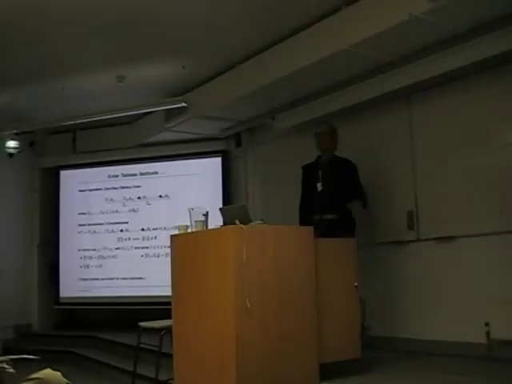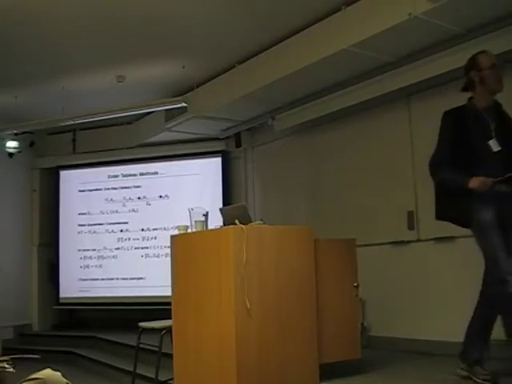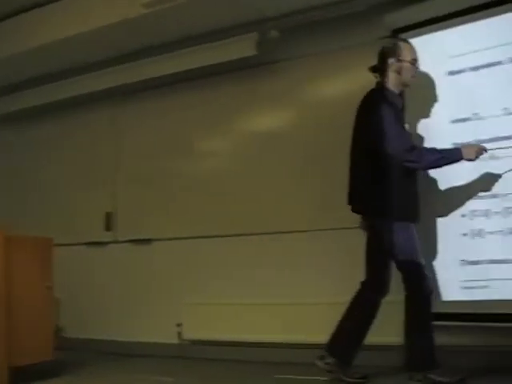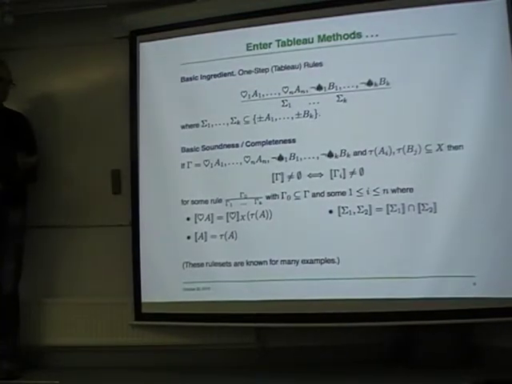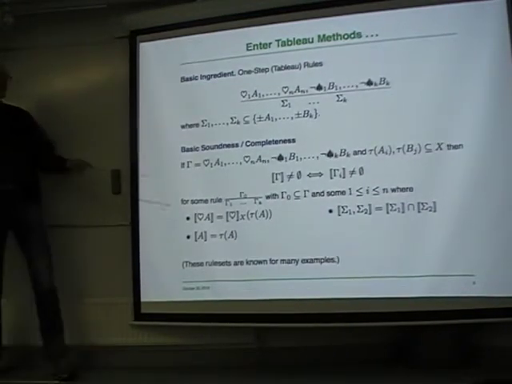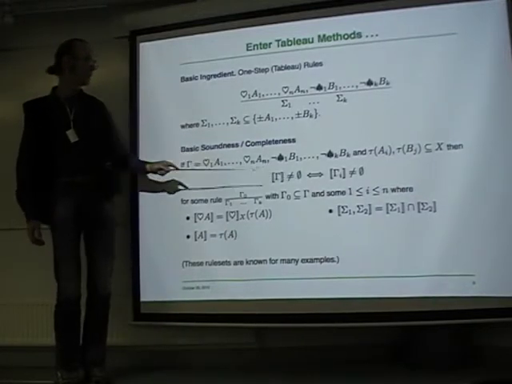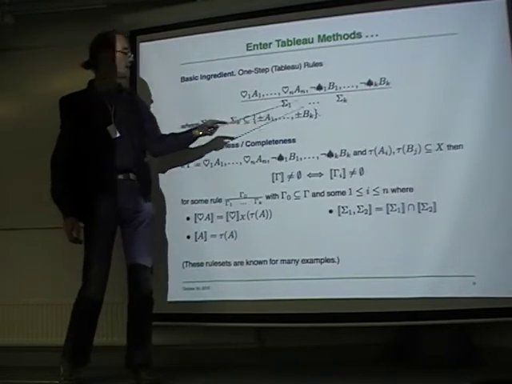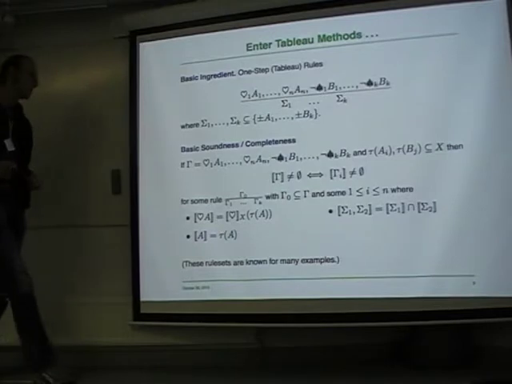And we have a basic coherence condition that I don't want to dwell on, but if we take a set of formulas of this form, then if the interpretation of that is non-empty, then the interpretation of at least one of the conclusions must be empty.